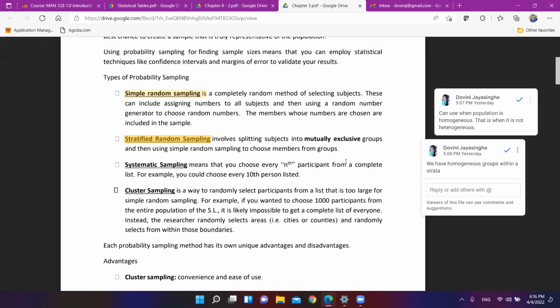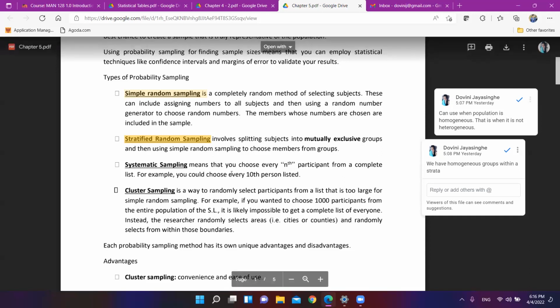And we are very sure that every representative is there in the sample. And over the stratified random sampling, you split it into subjects or strata. You call it strata. Male is one strata, female is another strata.